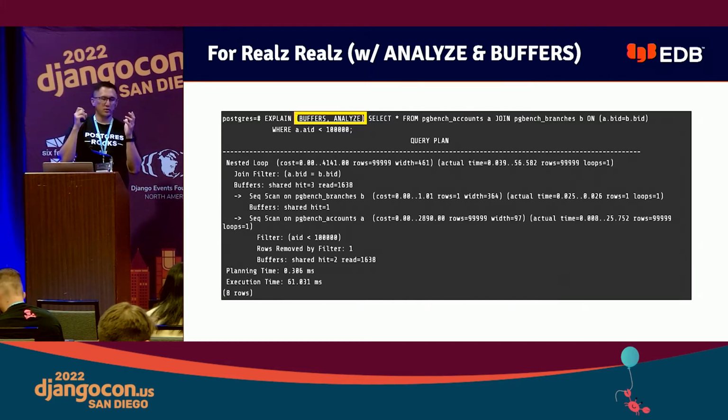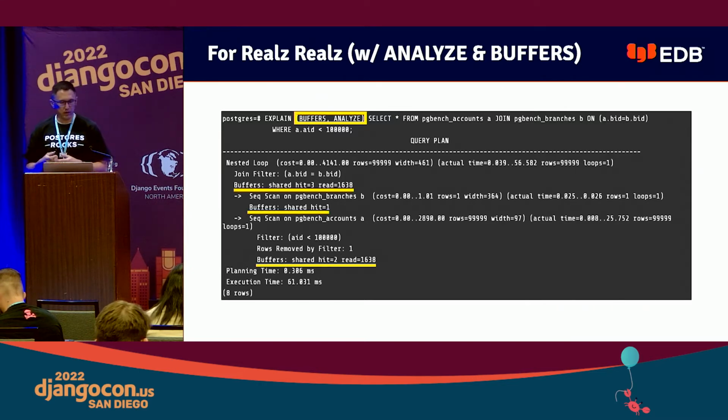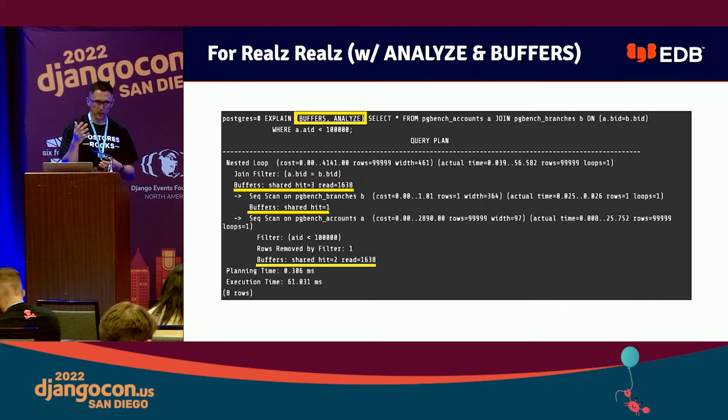The buffers is basically the cache. When I run this query and I hit 2 buffers, then I hit two 8 kilobyte blocks in cache, and I read 1638 off of the disk.